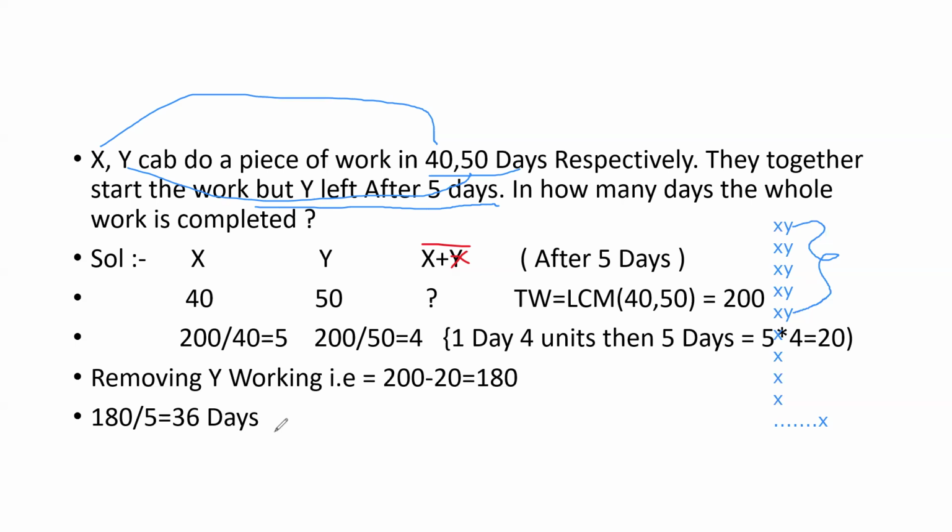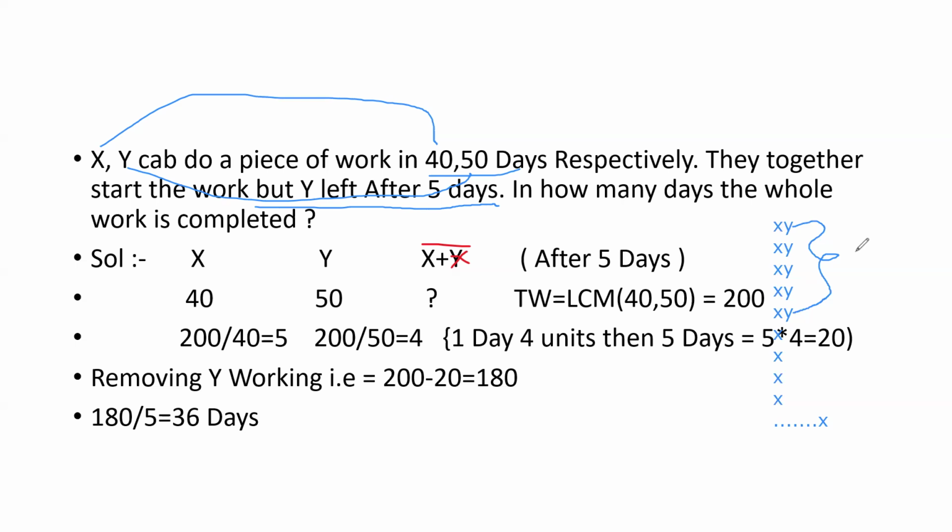Y works only 5 days, so we remove Y's work from the total work, and the remaining work is done by X only. Y can do 4 units in 1 day, so in 5 days Y can do 5 into 4, that equals 20 units of work.